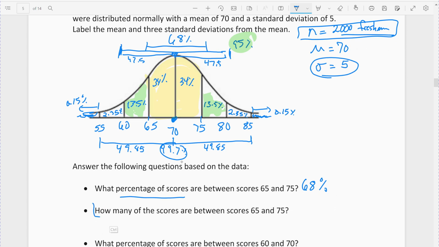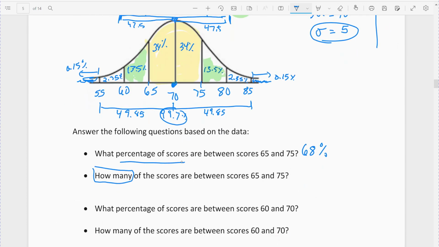Now we want to know how many that translates to. We had a total of 2,000. We know the percent, 68. What number scored between a 65 and a 75? Well, you take your percent and multiply it by the total. Whenever we multiply by the percent, it's the percent as a decimal times the total number.